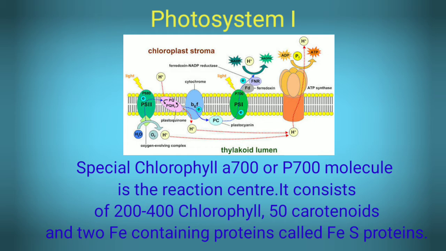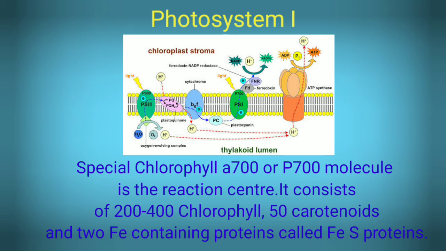So this single molecule is the reaction center of photosystem 1, to which all the necessary pigment molecules in this photosystem transfer their energy. This whole process takes place in this particular molecule, chlorophyll A700, and that is the photocenter or the reaction center of PS1.